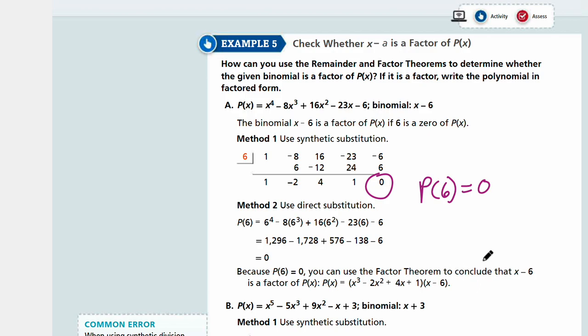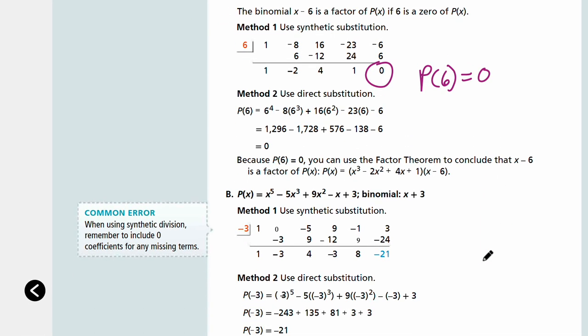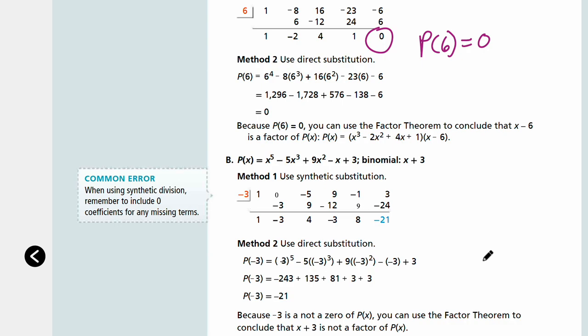Okay, so let's look at another example, part B. P of x is x to the 5th power minus 5x cubed plus 9x squared minus x plus 3, and the binomial is x plus 3. So your a here is negative 3, and then you use synthetic division to figure out the remainder, which is negative 21.